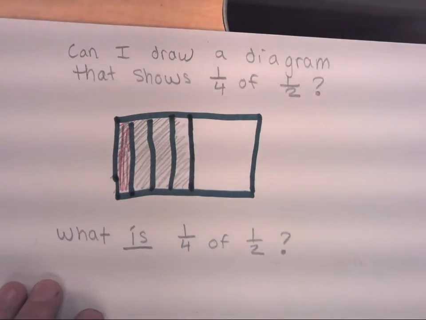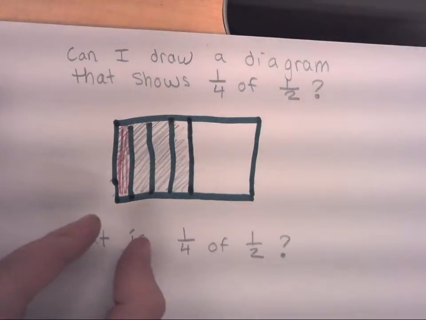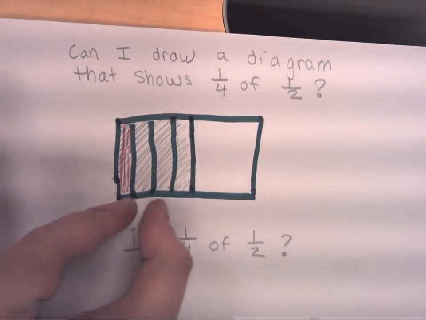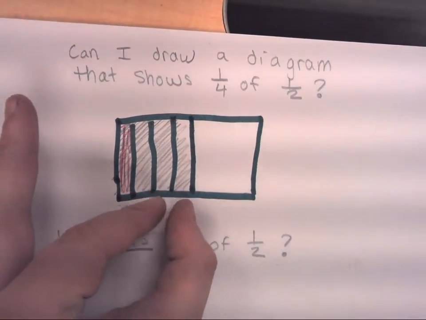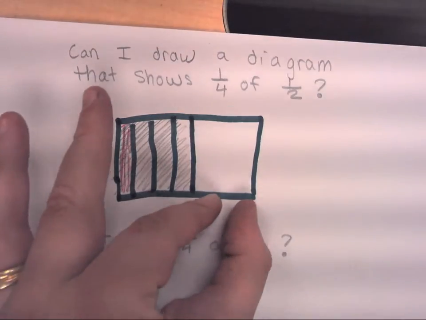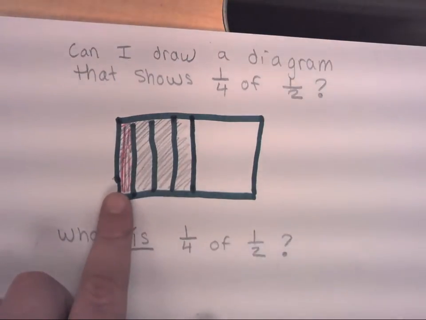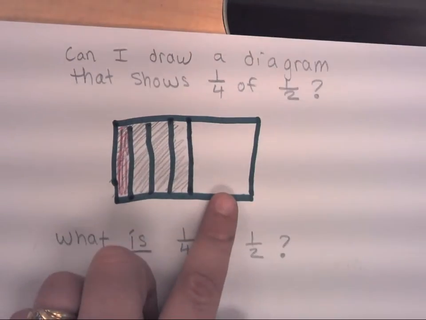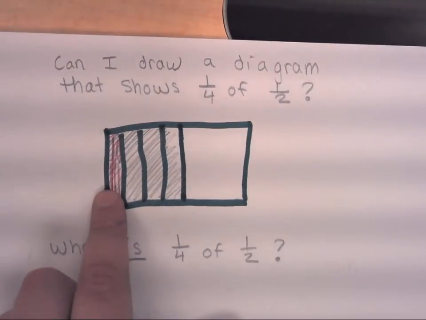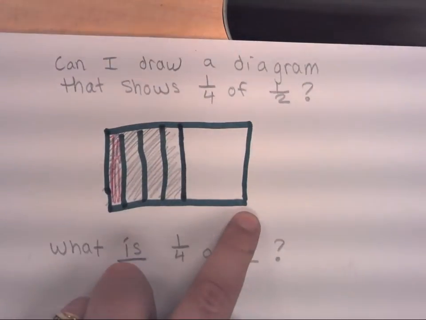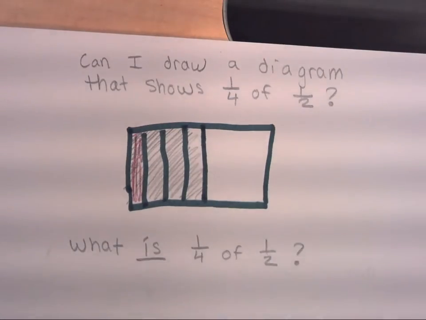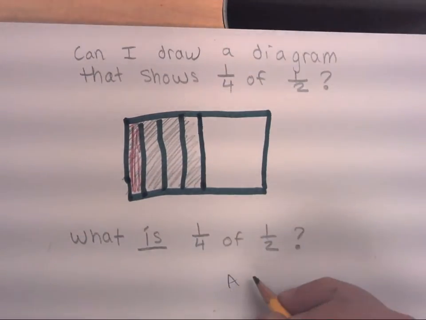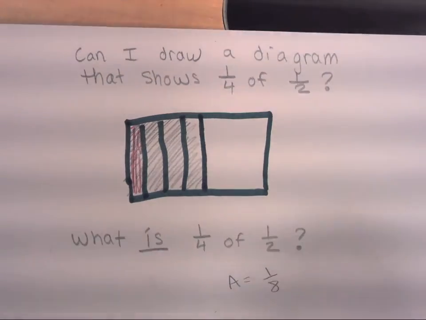And as one student went up to the board today, he measured each of these spaces, kind of using his fingers like this, and what he realized was, if I can divide this half into 4 equal pieces, I can do the same over here, and so this would be 1 piece out of 8. And so 1/4 of 1/2 gives us the fraction 1/8.